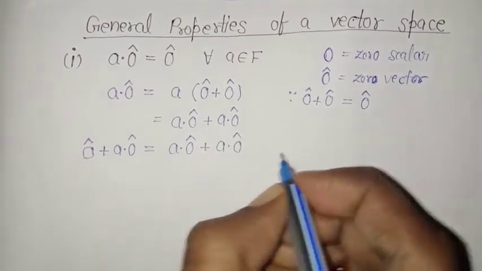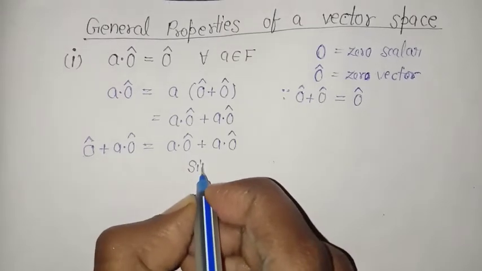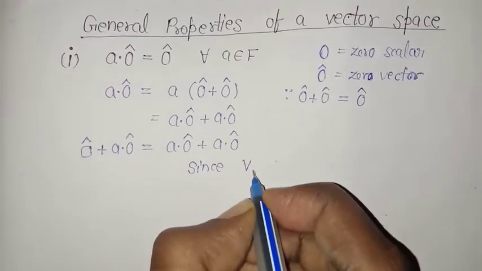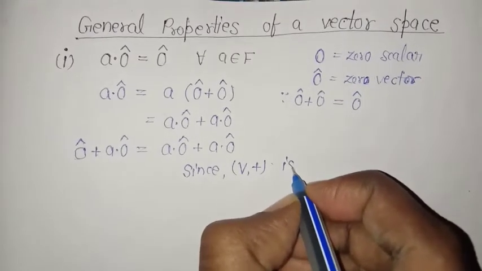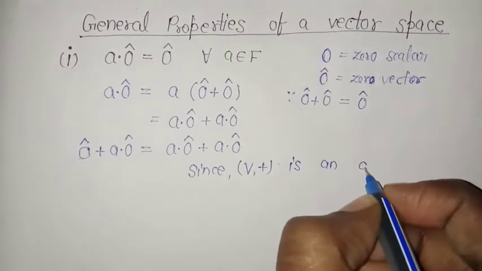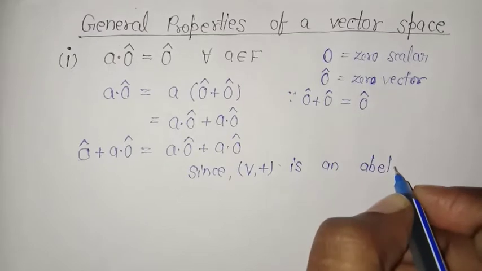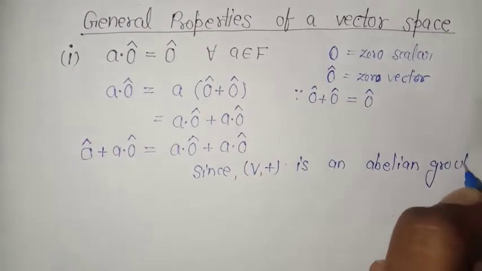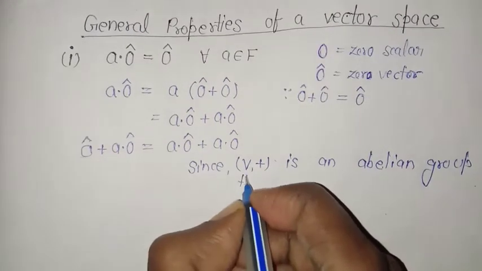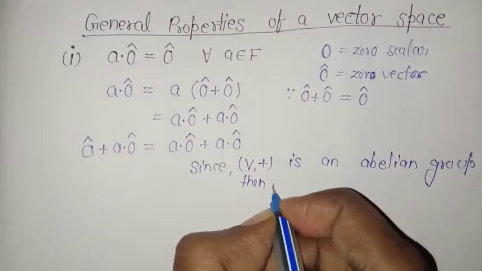Now since V plus is an abelian group by the definition of a vector space, we can use the cancellation law.